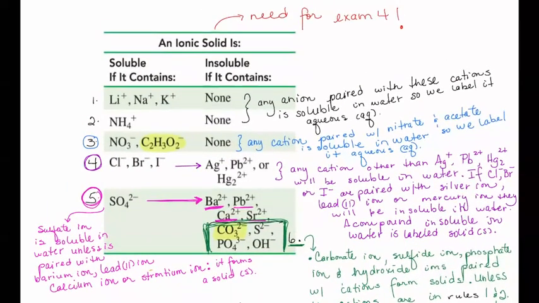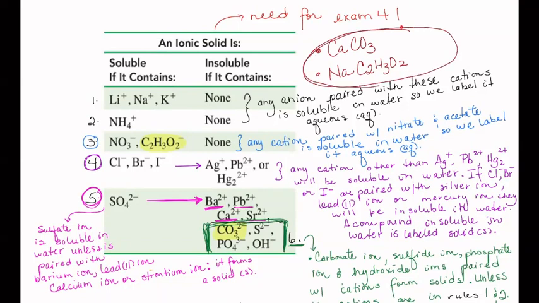The compound that I made is CaCO3 versus NaC2H3O2. This is what we're comparing. Let me label this A. Let me label this B.